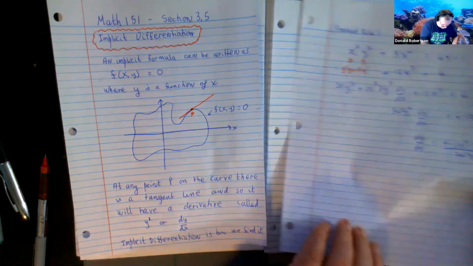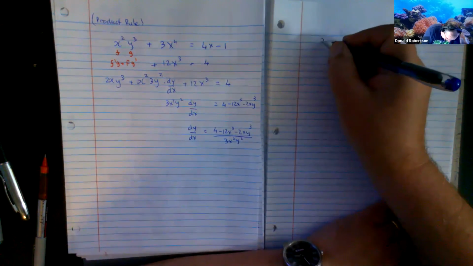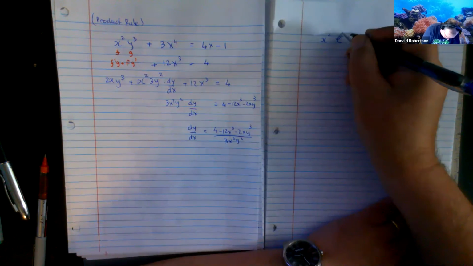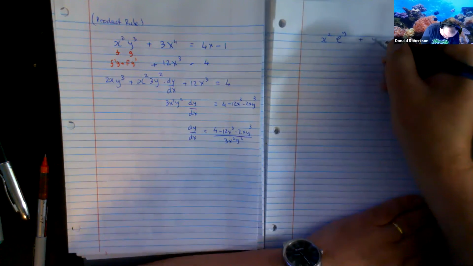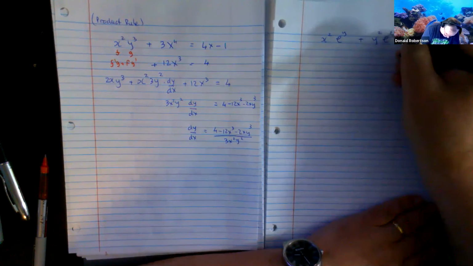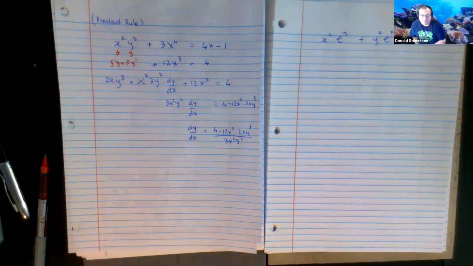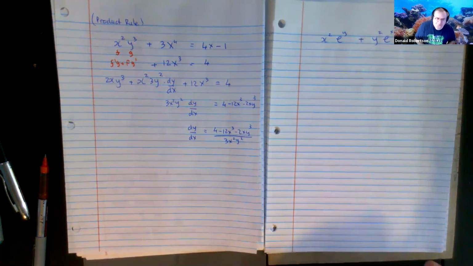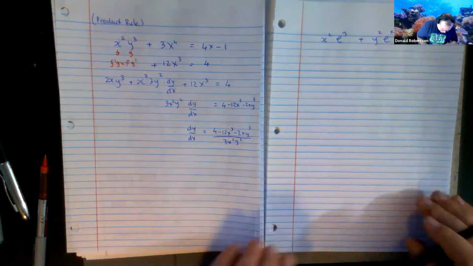Do another product rule. How about x squared e to the y plus y squared e to the x equals x? That's an interesting kettle of fish.